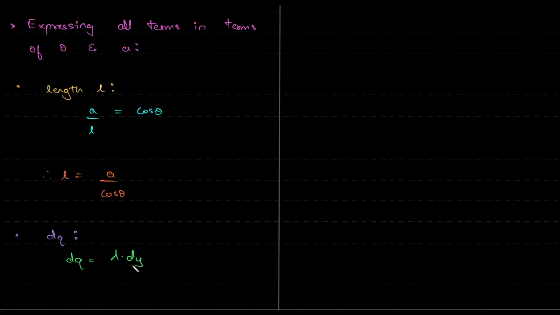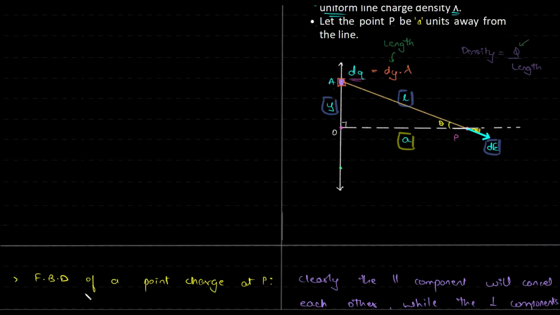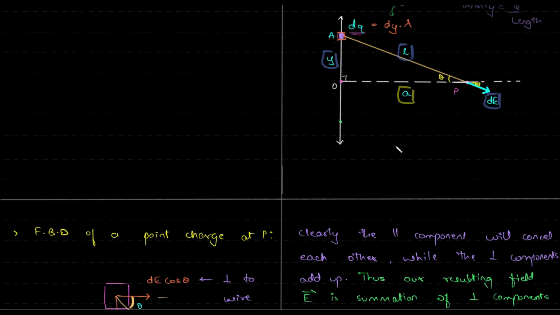So now we have to express dy. How will we do that? Well, let's go back to the figure. We have y, we have a, and we have theta. Again, we're going to make use of trigonometry. Opposite by adjacent is tan theta.